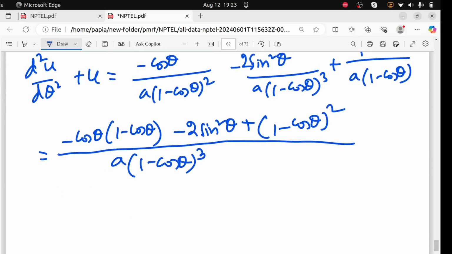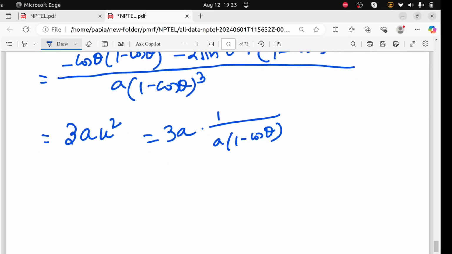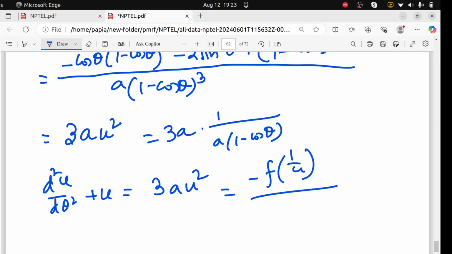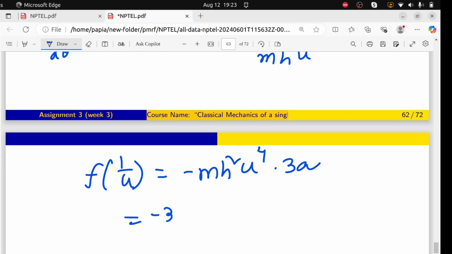So after a little bit of simplification, you can get similarly 3a u square, which is nothing but 3a times 1 by a 1 minus cos theta. So now you can see I can write d2u d theta 2 plus u is 3a u square, which is again minus 1 by a u square, and f of 1 by u is minus m a square a to the power of 3a minus 3m a square a to the power 4.